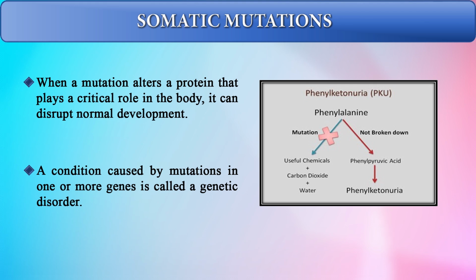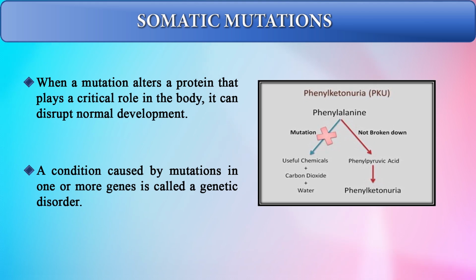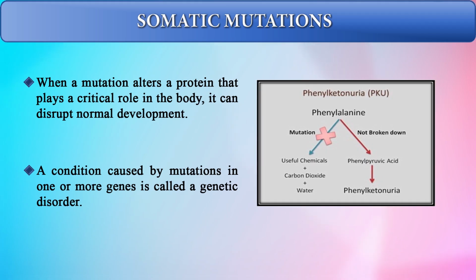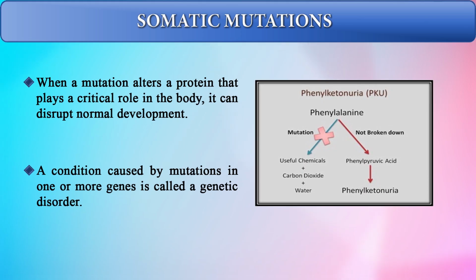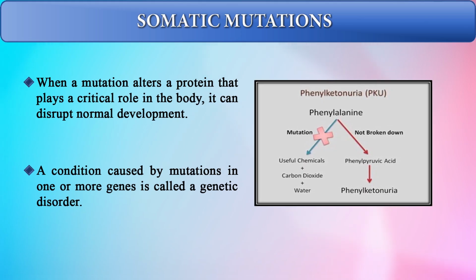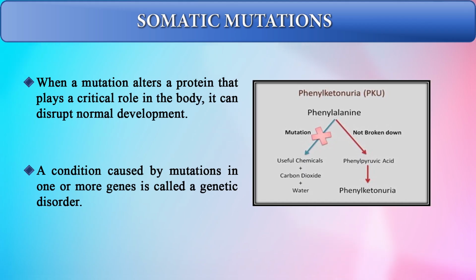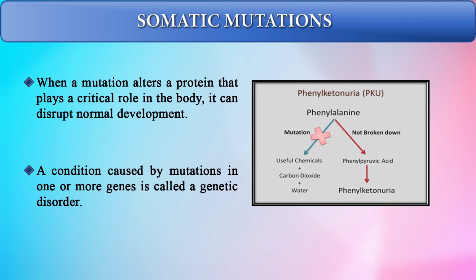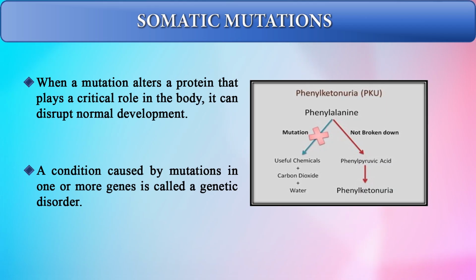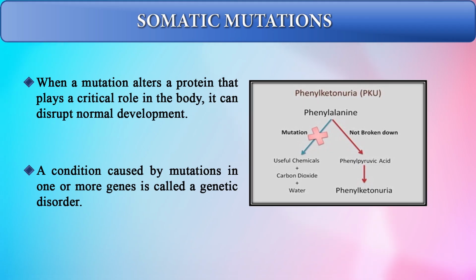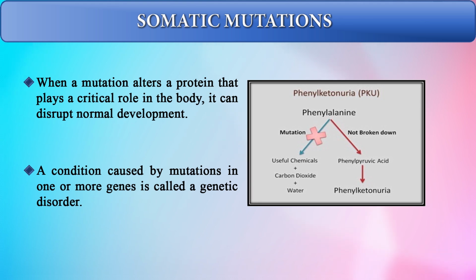So here you see whether there is a mutation or whether there is no mutation, whether the phenylpyruvic acid, that is, there is a mutation which has occurred, and you can have this phenylketonuria problem, or whether the normal functioning will be something different. So mutations can alter normal development, and can entirely disrupt even the hormonal and the protein synthesis in the body.